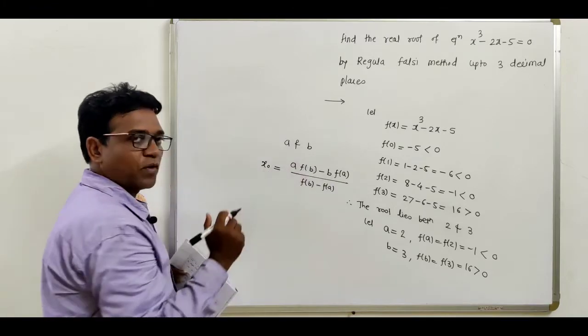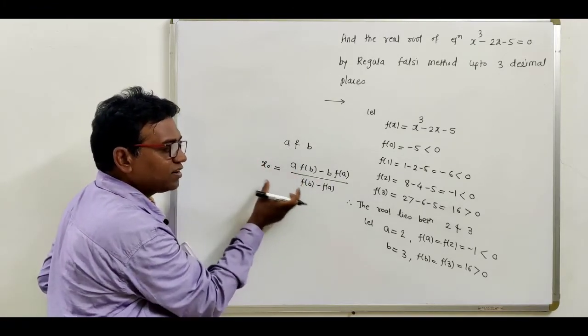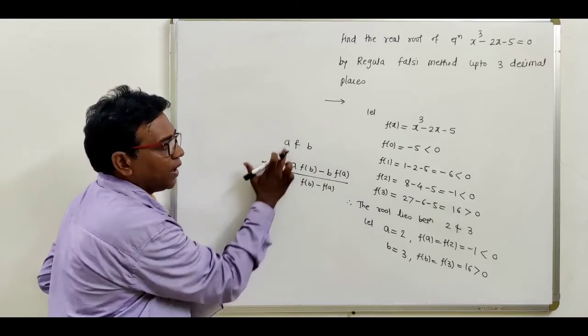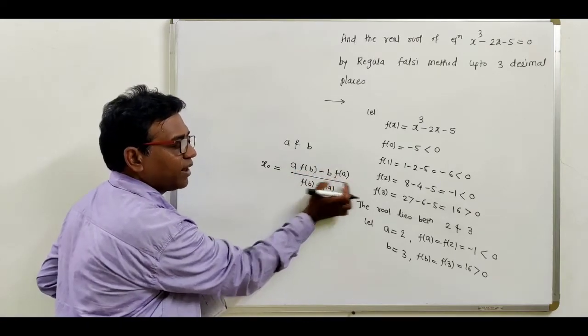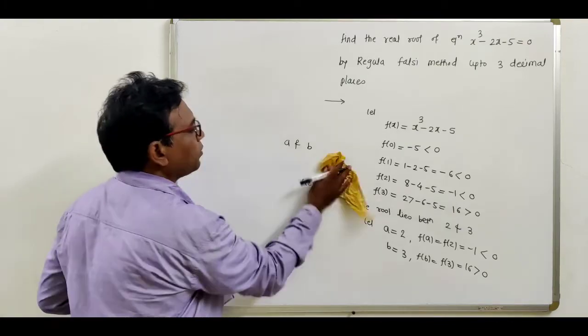See how to remember this formula. If the root lies between a and b, then a into functional value fb minus b into the opposite functional value fa, divided by fb minus fa.